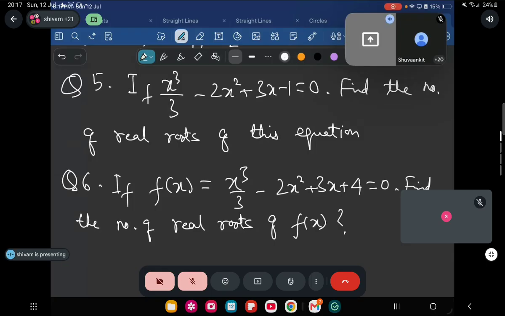Also find the greatest integer of the second root.